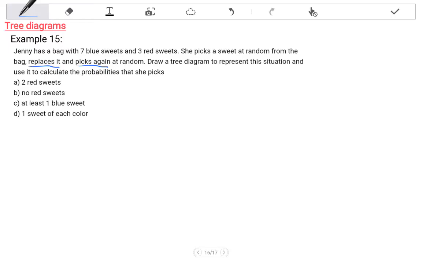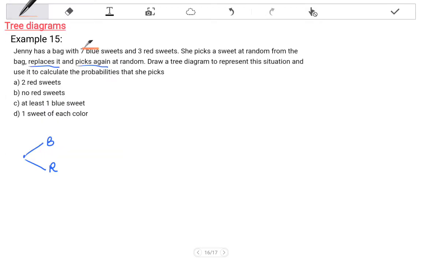There are 2 colors in the bag, blue and red. So we have 2 options. Jenny has 2 options at the beginning of choosing the first sweet. So the first option will be blue and the second option will be red. And let's write down their probability values.